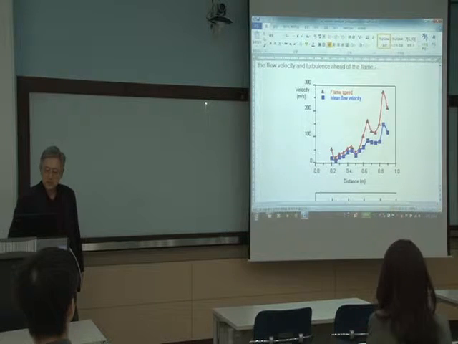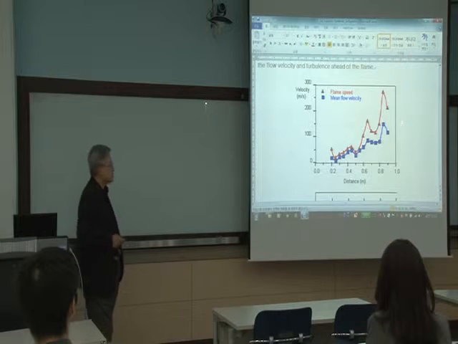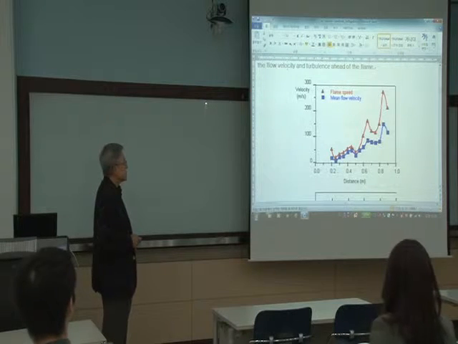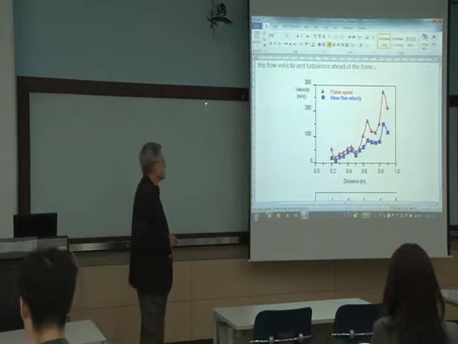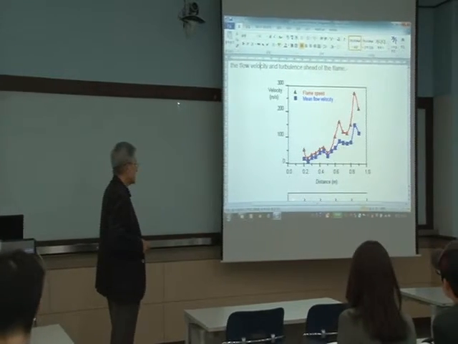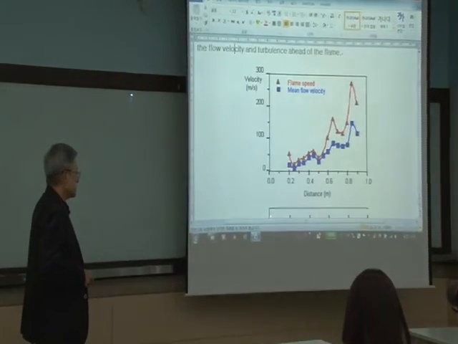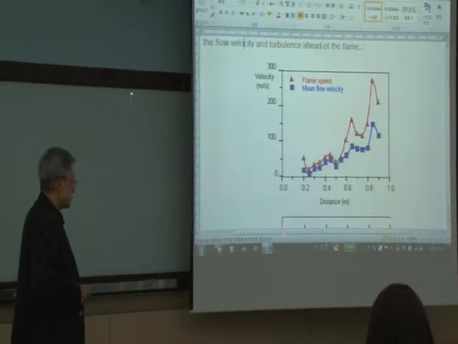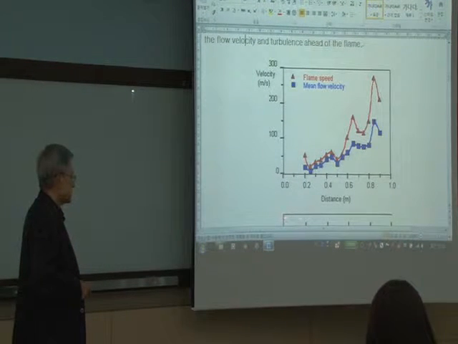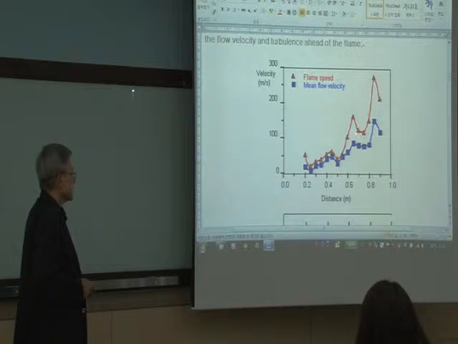So it's interesting. Red is a flame speed, and blue is mean flow velocity. This is closed end of the tube or wedge-shaped vessel. Then this is open, flow will pass through. This is like an obstacle. And this is distance from closed end, 0 all the way to the 1 meter.